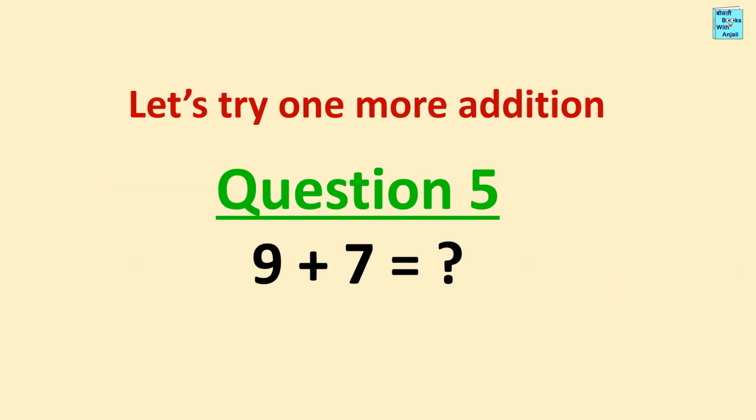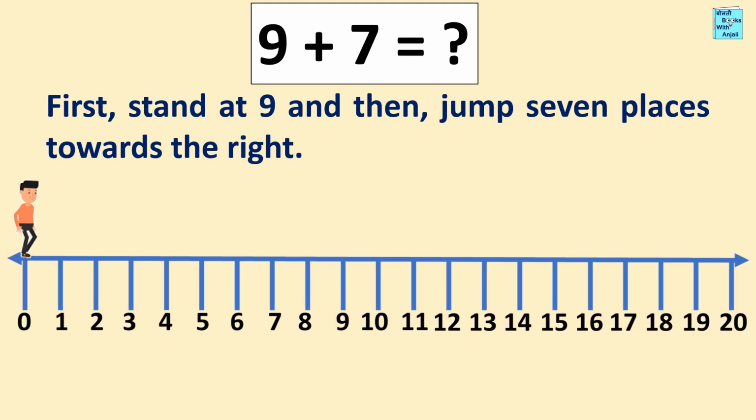Question 5. 9 plus 7 is equal to what? Now tell me at what position the person will stand. Where will you make him stand? At number 9. Right. And how many times will you jump? 7 times.